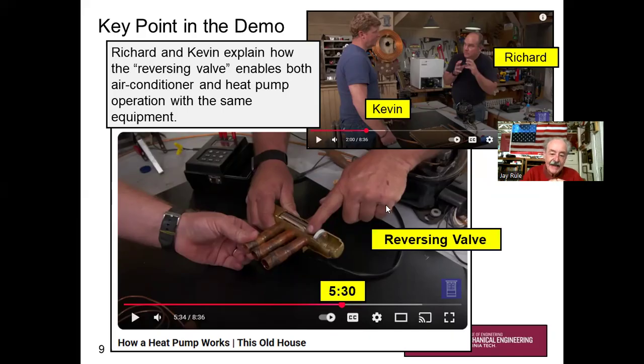And he explains how this reversing valve, when you switch from heat to cool and back and forth on your thermostat in your home, is what causes this reversing valve to move. Physically, what it does down in your basement or in your utility closet is make the refrigerant go in the opposite direction.